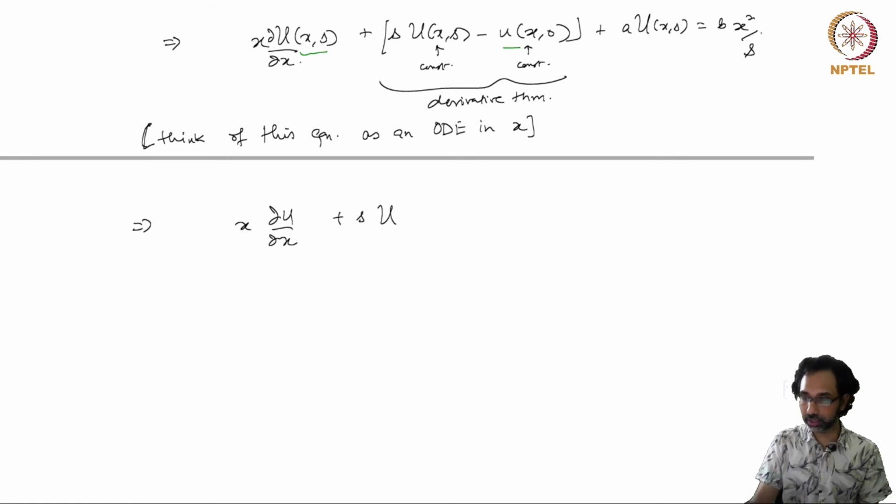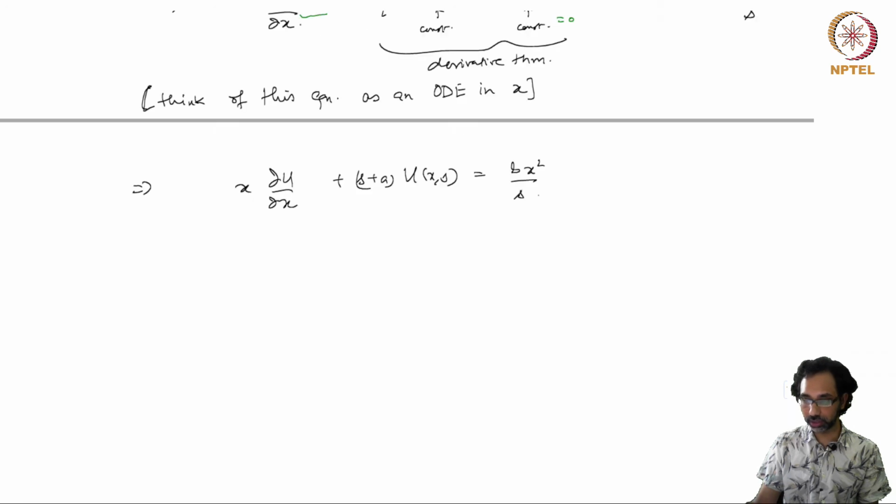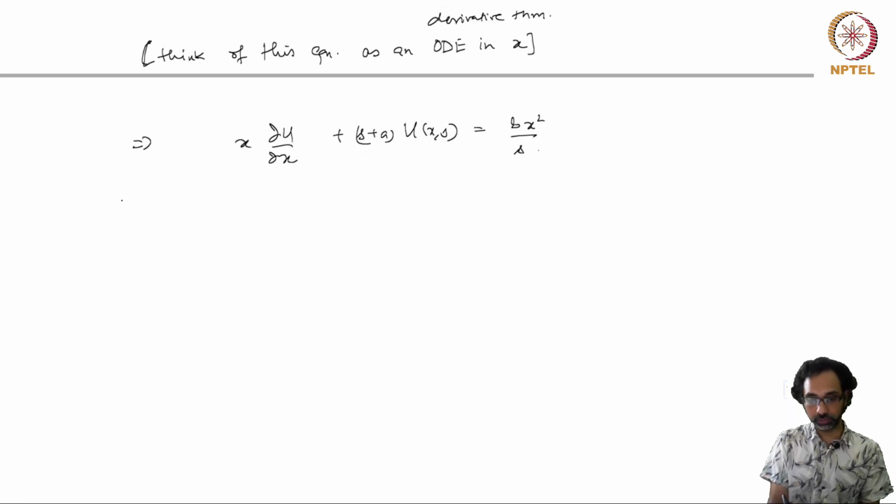Here this is just 0 by our initial condition, and then we have a plus a, so I will absorb it here: (s+a)U(x,s) equals bx² over s. Now we can solve this equation by the method of integrating factor.